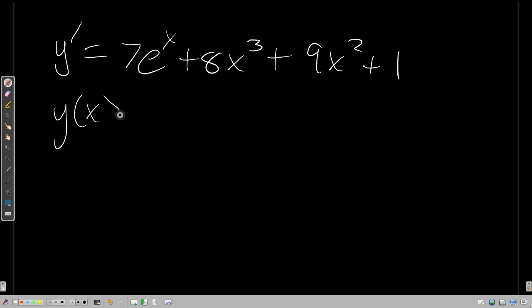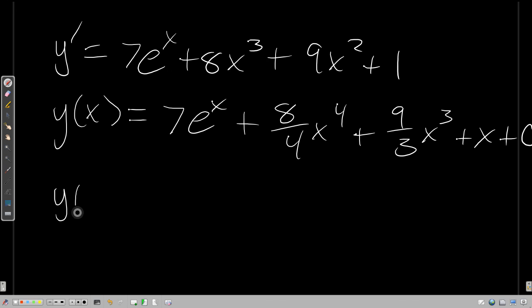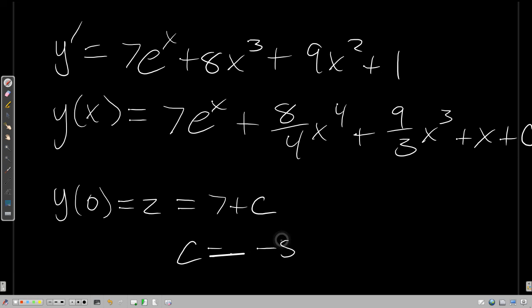So y of x is 7e to the x plus 8 over 4x to the 4th plus 9 over 3x cubed plus x plus c. Of course, this becomes 2, this becomes 3, and y of 0 is 2. That means that 7 plus c is 2. So then c is minus 5. And now we have our particular solution.